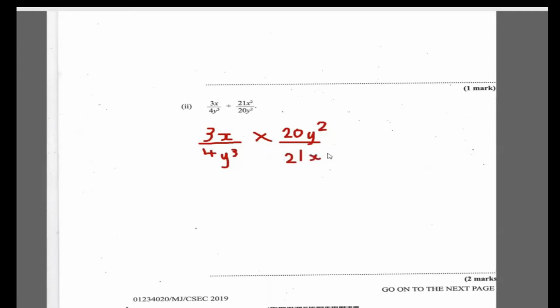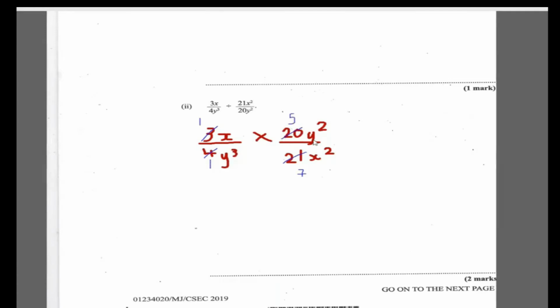All right. Now this is where we're going to do some simplifying. This 3 cancels with the 21 to leave 7. And this 4 cancels to get 1, and 20 over 4 is 5. So we get 5.